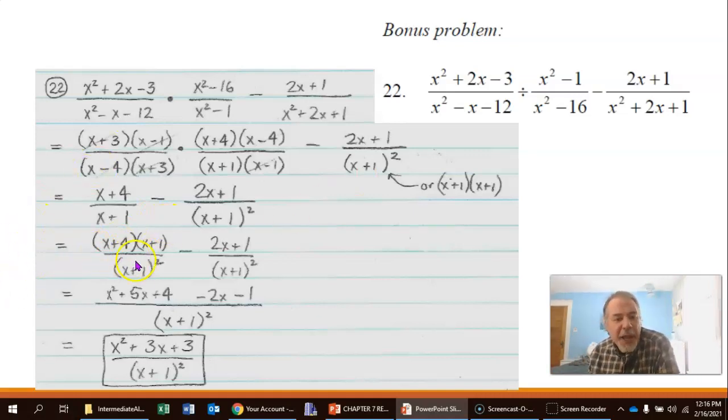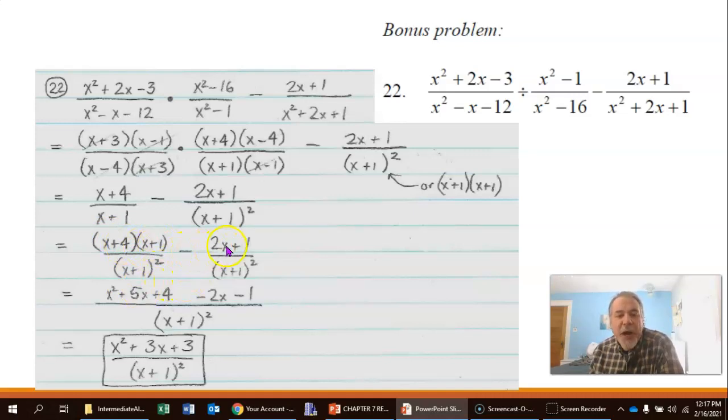So I multiply by x plus 1 on the bottom and also on the top of the first fraction. It becomes x plus 4 times x plus 1 over x plus 1 squared minus 2x plus 1 over x plus 1 squared. So if I multiply that out on top here, I get x squared plus 5x plus 4.